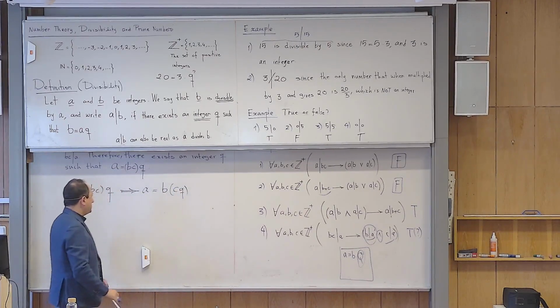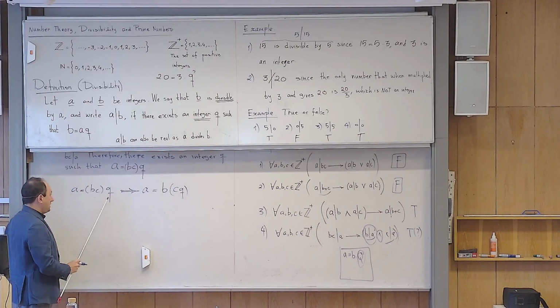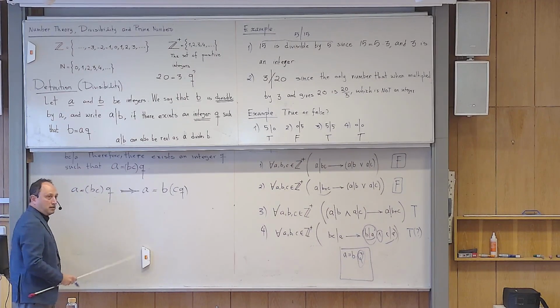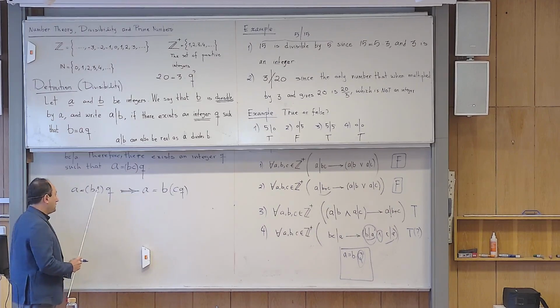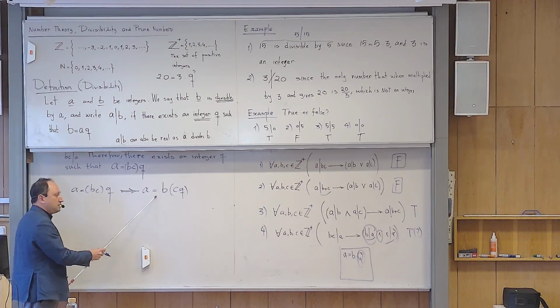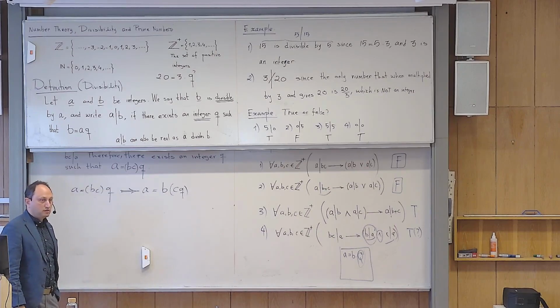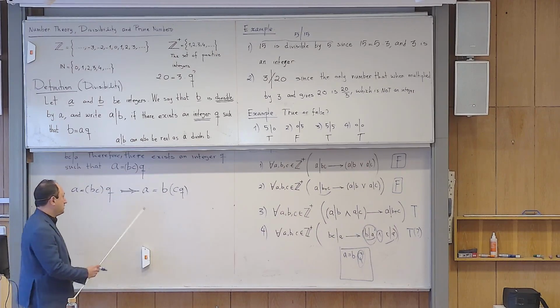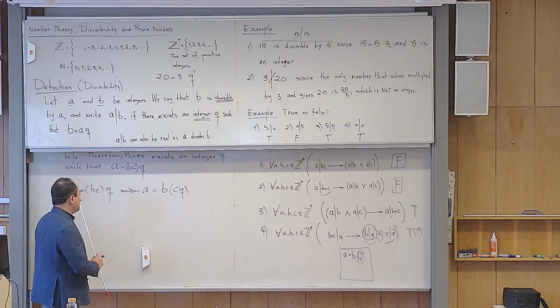First of all, let me ask, is this a valid step to take or not? Do you agree that if this is true, the truth of this is also guaranteed? Yes or no? Because in principle, A is copy-pasted, equality is copy-pasted.